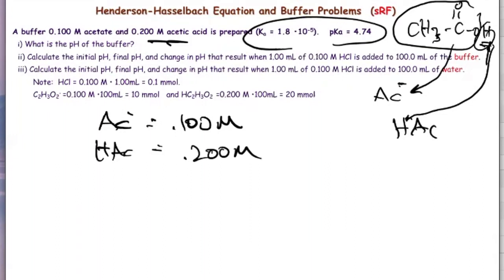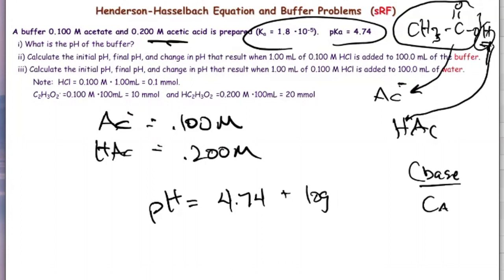And what is the pH of the buffer? Well, that's pretty easy. pH is equal to 4.74 plus the log. Remember, it's the conjugate base over the conjugate acid.